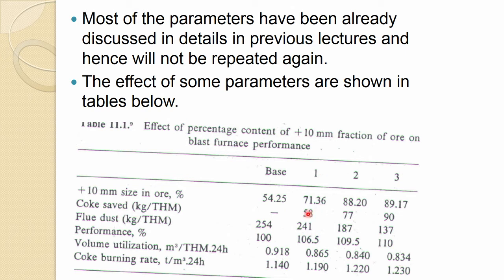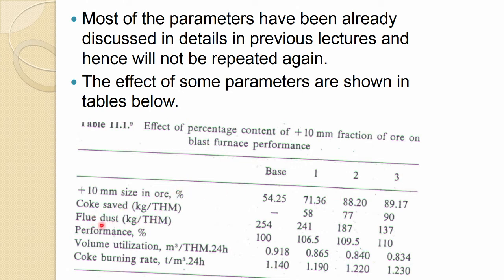So coke saving is 58 kg per ton of hot metal. If you increase to 88 or 89, you can save almost 90 kg per ton of hot metal. So it is very important to have a good size in the blast furnace, or more in a way, uniform instead of mixed.